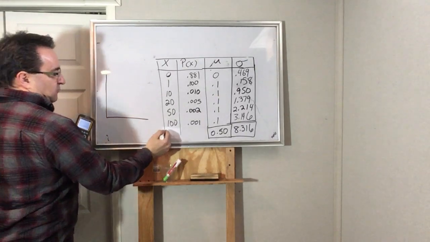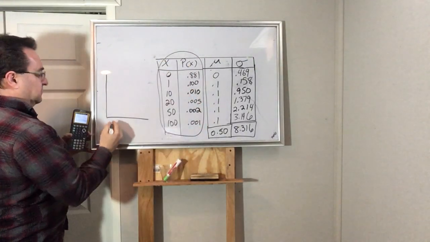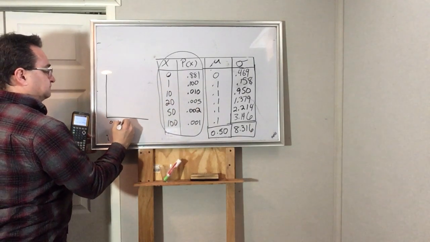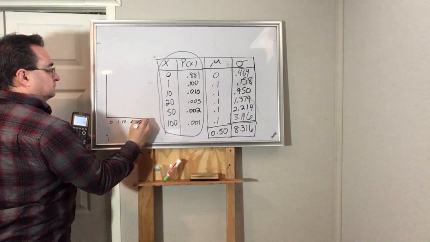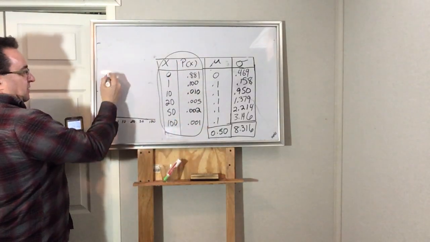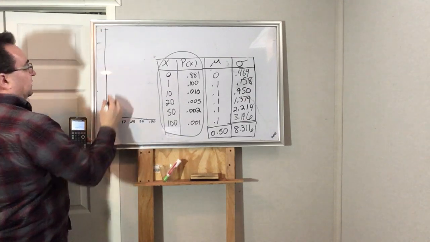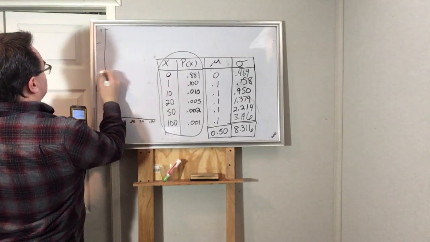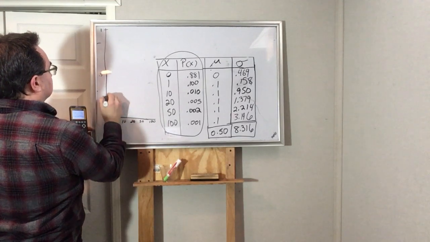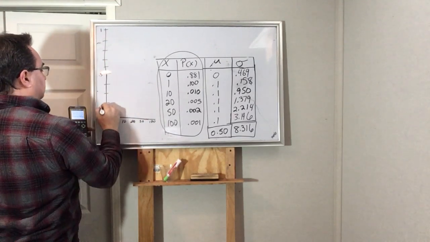Remember, for the histogram, we're only doing these two columns. So these are my outcomes. And my probabilities, well, they go all the way up to 1. I better make this pretty tall.